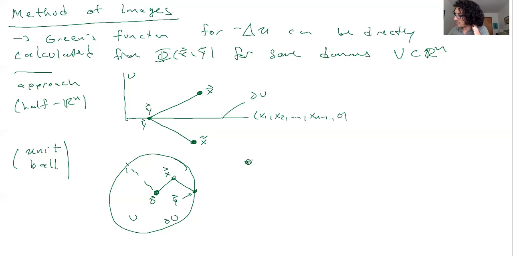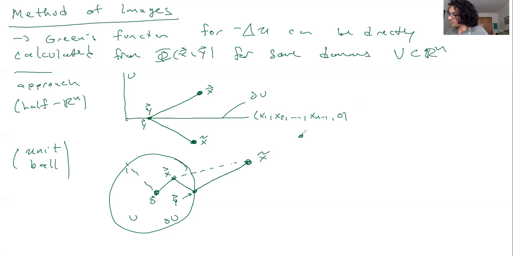I need to find some image point that lives out here, and maybe even some dilation of the argument of my fundamental solution, so that that function will cancel out the value of this function here. Obviously it's going to be more than just flipping points over to the other side. To get the right arguments for phi, I'm going to have to flip points outside of the ball and maybe do some rescaling.